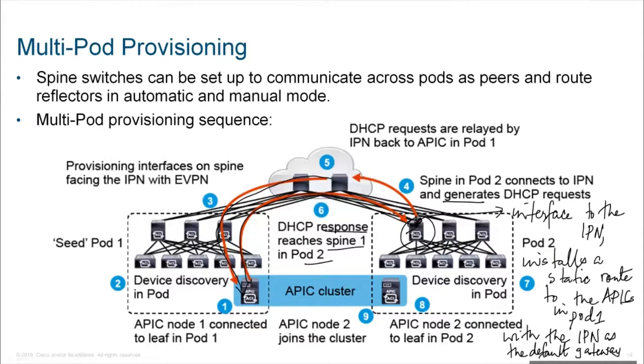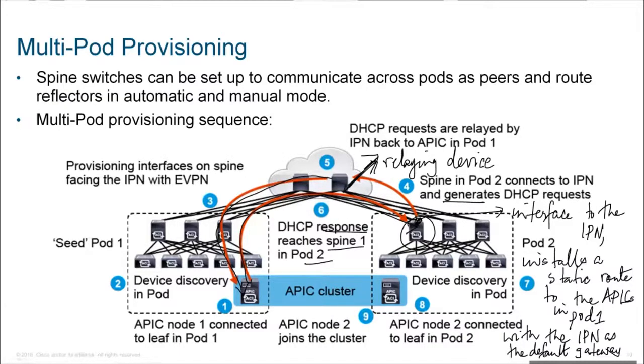Because who was the IPN? The IPN was the relaying device. That's how it knows, right? Because the DHCP response always carries the relay address. You should always remember DHCP always carries that as part of its response. So it conveys the relaying device IP.